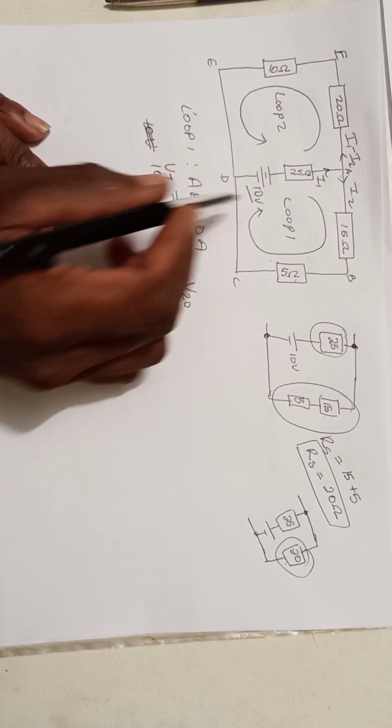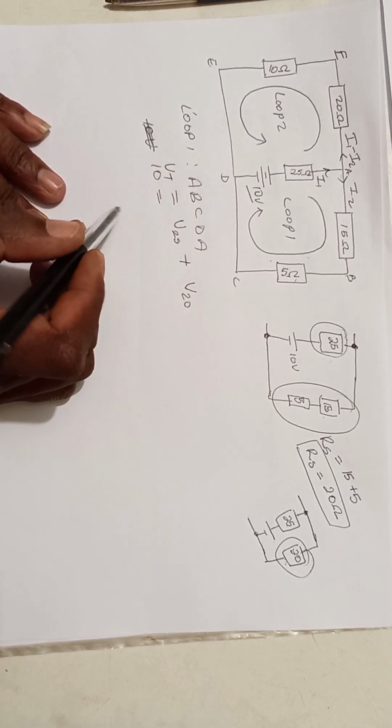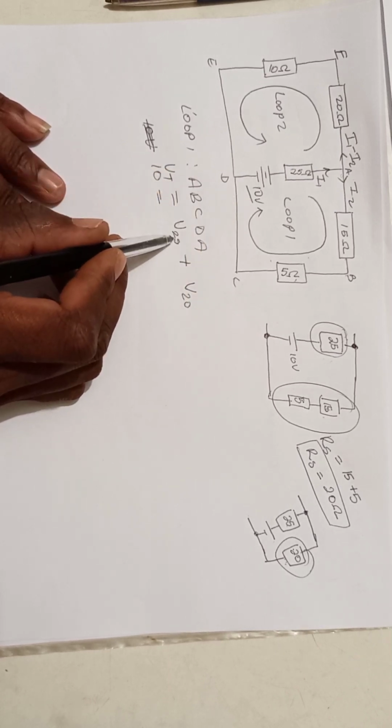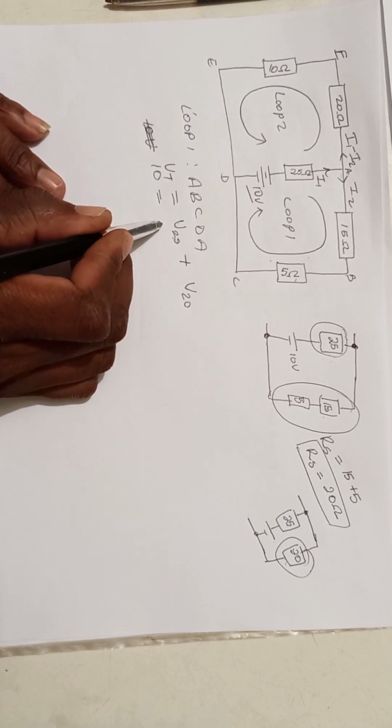Now Vt, the total, is 10 volts, and what do we know about the voltage across the 25 ohm resistor?